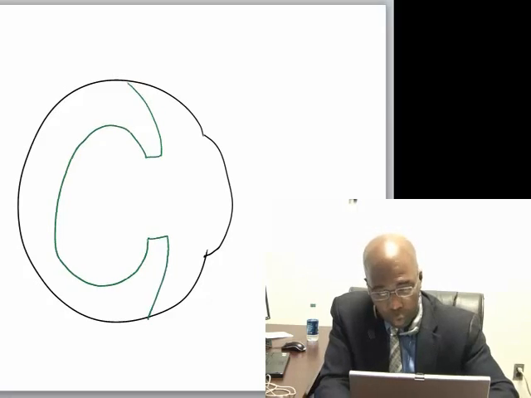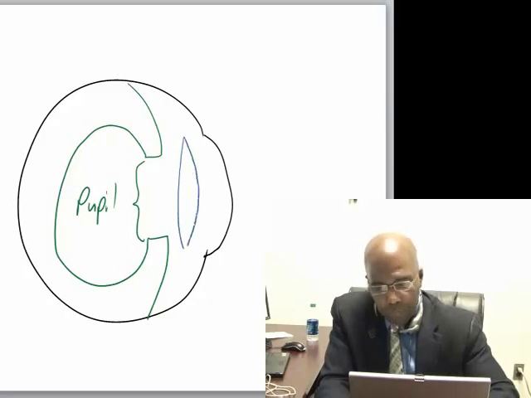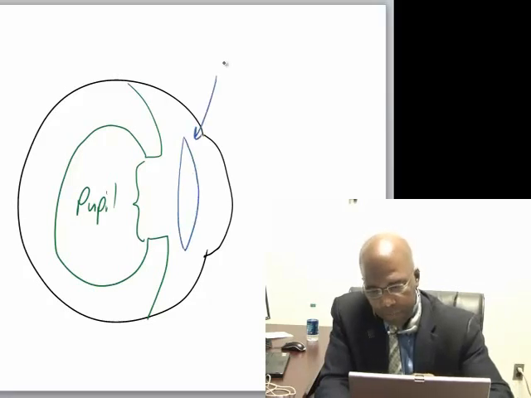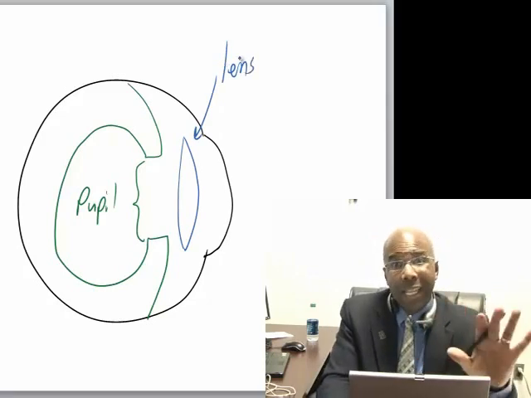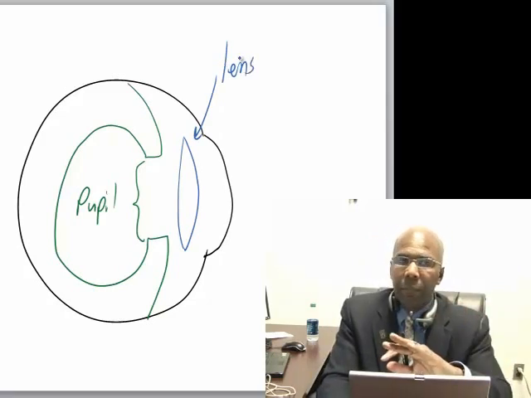Retina back there. Okay, this hole here, this is the pupil. In front of this pupil here, this is the lens. And the lens is supposed to be very soft, pliable, and clear.